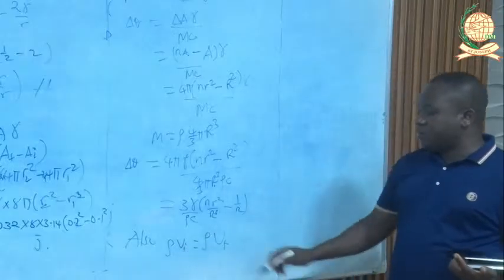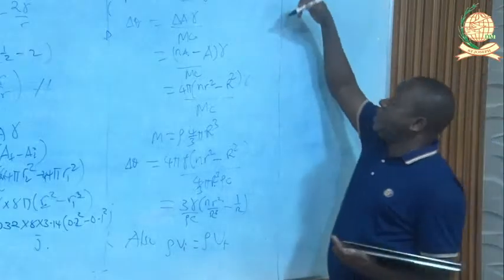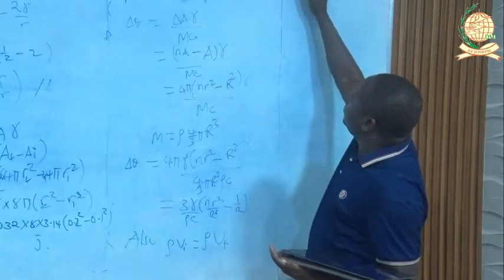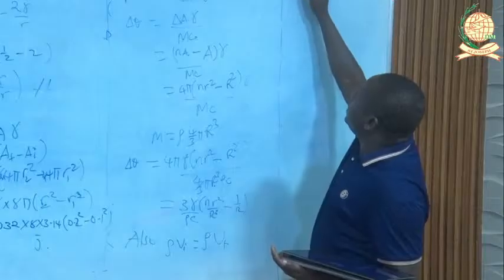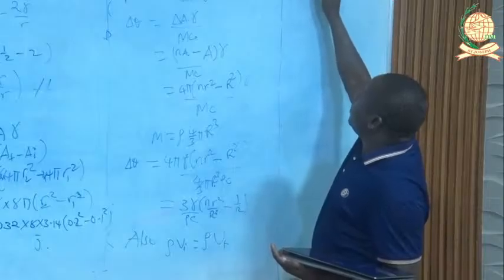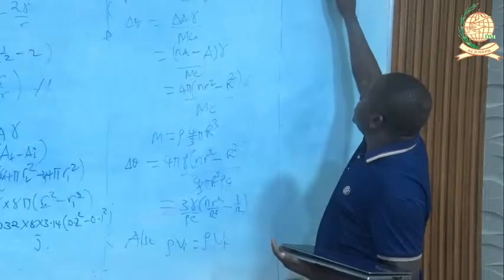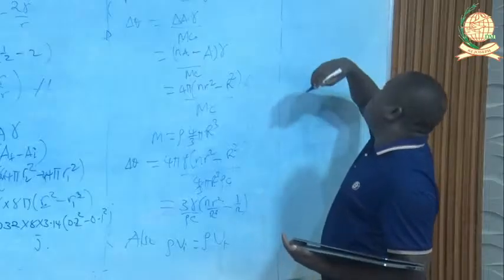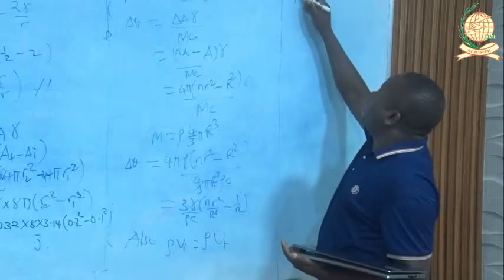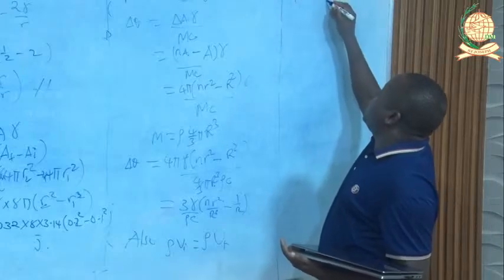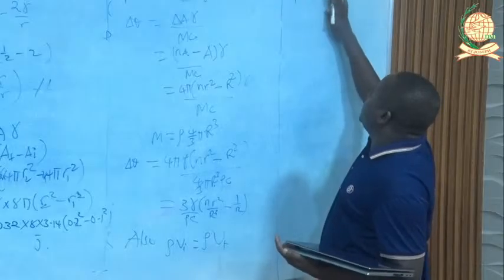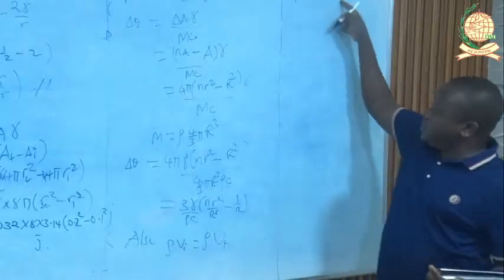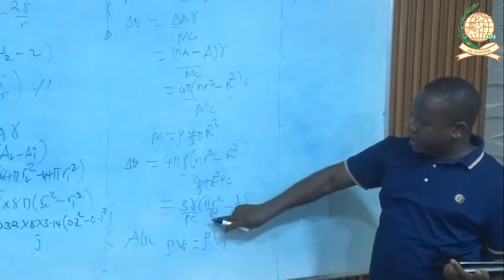Initial total volume is equal to final total volume. So the number of drops times the volume of each drop, 4/3 pi r cubed, will be equal to the volume of the bigger drop. So R cubed is equal to n times r cubed. You take this relation and substitute here.